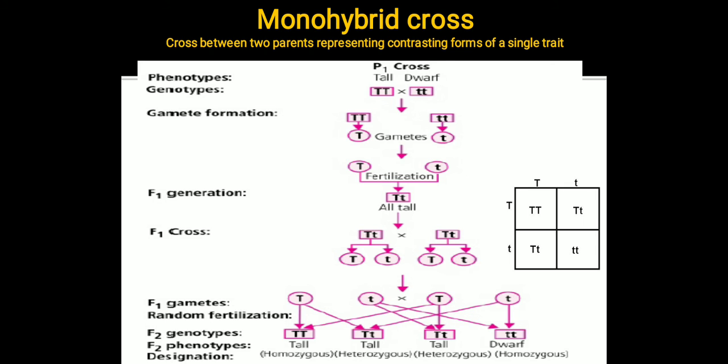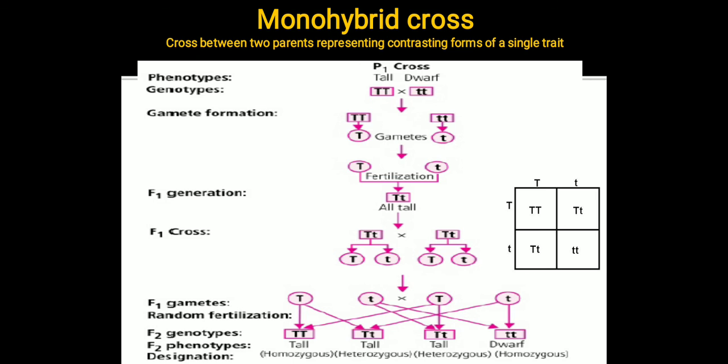Sometimes they ask what is the genotypic ratio of the plant. It is 1:2:1. Why 1:2:1? One is homozygous tall, consisting only of the dominant trait; two are heterozygous, consisting of both the dominant and the recessive; and one is homozygous recessive.